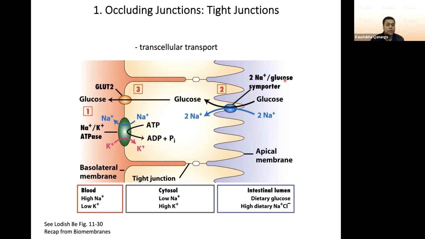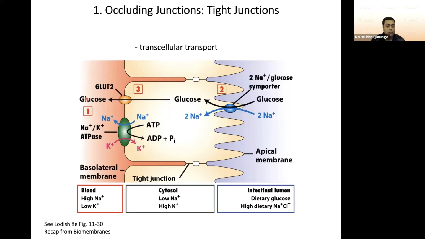Remember that glucose is low here, and as it's constantly making the glucose come in here, it is getting higher, which is done by the sodium. This is not a direct pump, no ATP is involved, but as sodium is moving down the concentration gradient, it is pumping the glucose from outside to here. So as the glucose concentration is high here, it will move the glucose from the cell here.